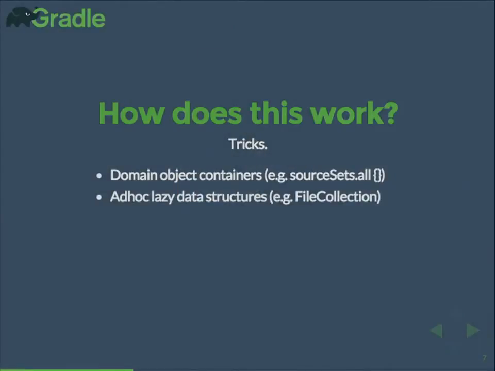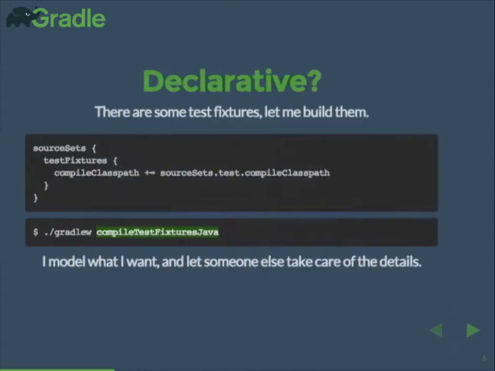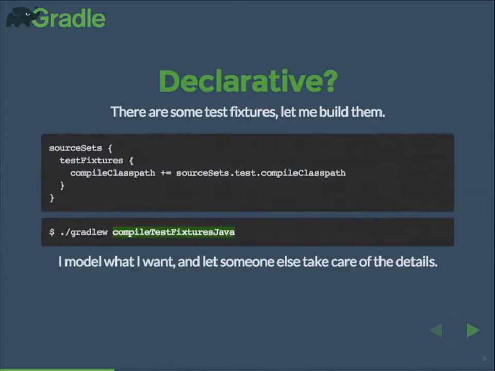Another way we'd achieve this kind of declaratively styled imperative code is using ad hoc lazy data structures. Things like file collection, which are very pervasive in the Gradle API, represent zero or more potential files, and have inherent laziness built into them. If we go back to our example very quickly, the description here of compile class path plus equals test compile class path is a logical statement.